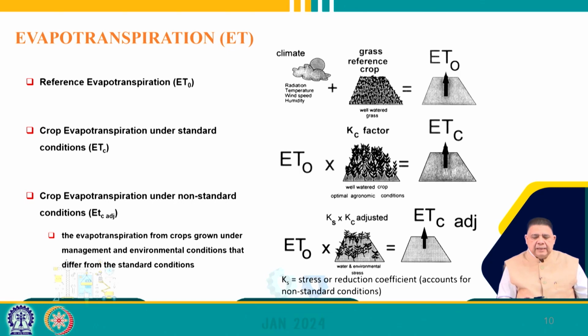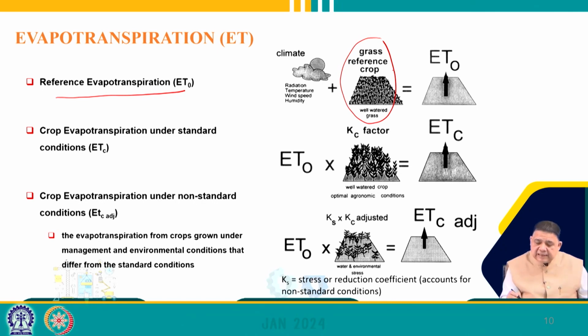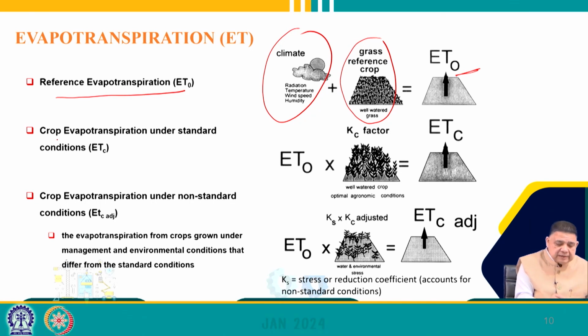So, basically we can say that we have a reference evapotranspiration ET0, which is for a reference crop under ideal conditions, and that simply means if these ideal conditions are all maintained, then ET0 depends on the climatic conditions only. Next we have the crop evapotranspiration under standard conditions.